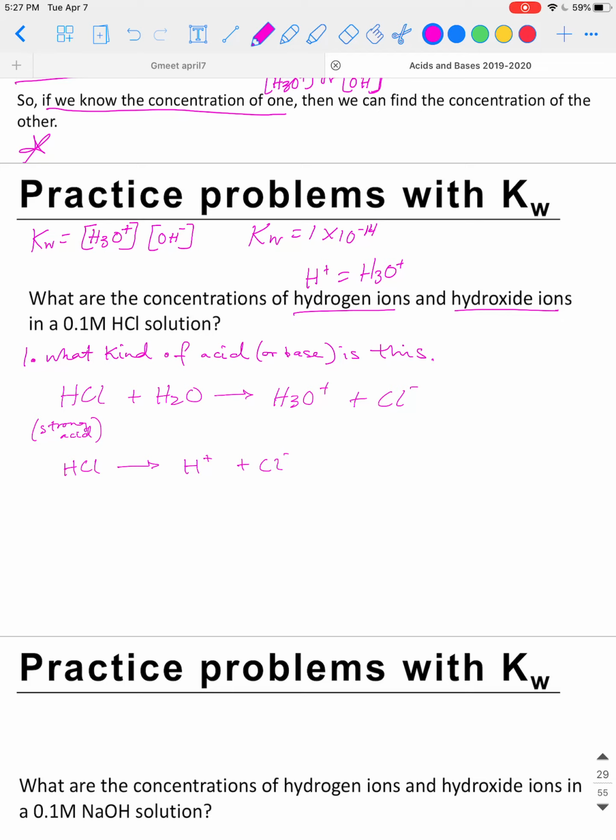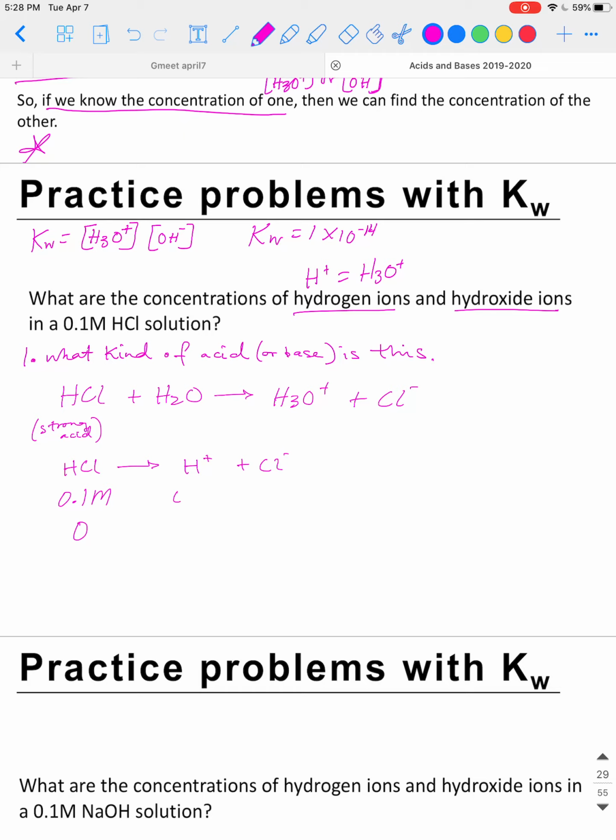Now remember, the question here is, what are the concentrations of hydrogen ions and hydroxide ions? Well, if I have 0.1 molar of HCl to begin with, when I'm done, I'm going to have 0 of this. And every time one molecule of HCl breaks apart, I get 1 H plus and 1 Cl minus.